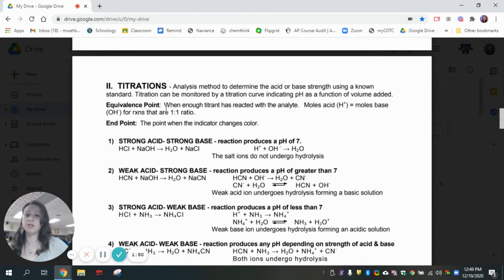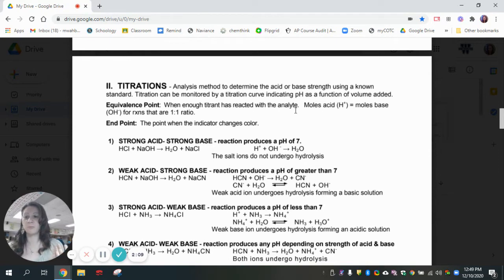The equivalence point is when enough titrant has reacted with the analyte. So when they're equimolar, basically, based on your stoichiometric ratios. So when you don't have any leftover reactant, right? When they've both been used up equally.